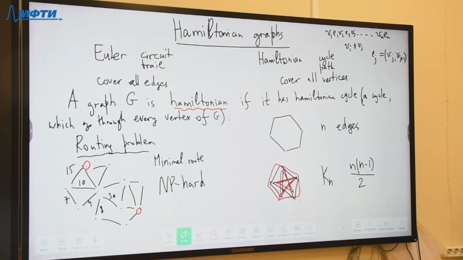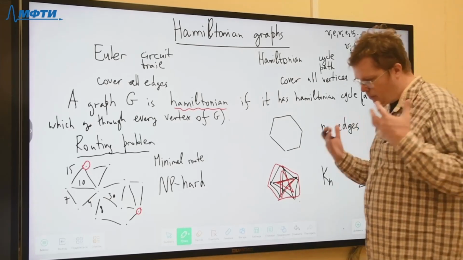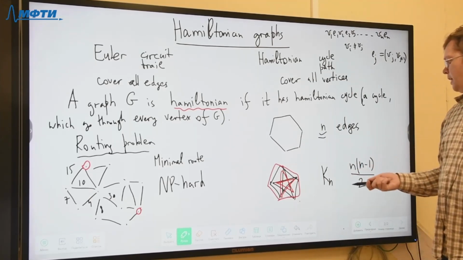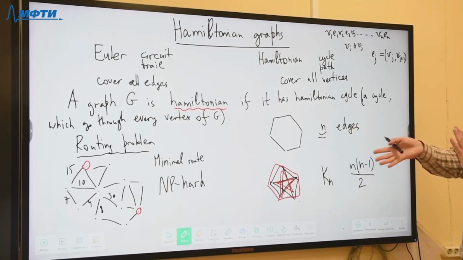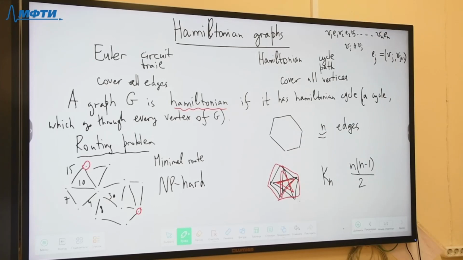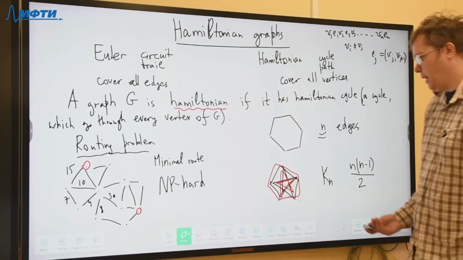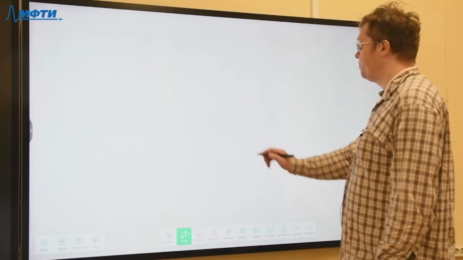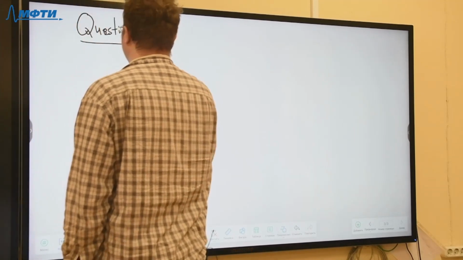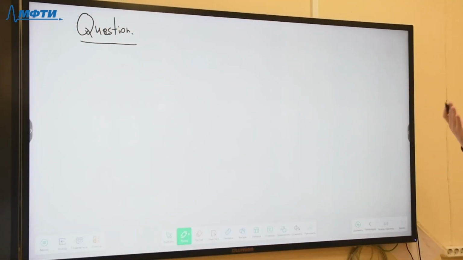But of course, if we have a big number of edges, then we can guarantee that our graph is Hamiltonian. But this will not be just n edges, because if we have n edges, there are plenty of examples where we do not have a Hamiltonian cycle. So the question is, what is the lowest bound of the number of edges where we can guarantee that our graph is Hamiltonian?